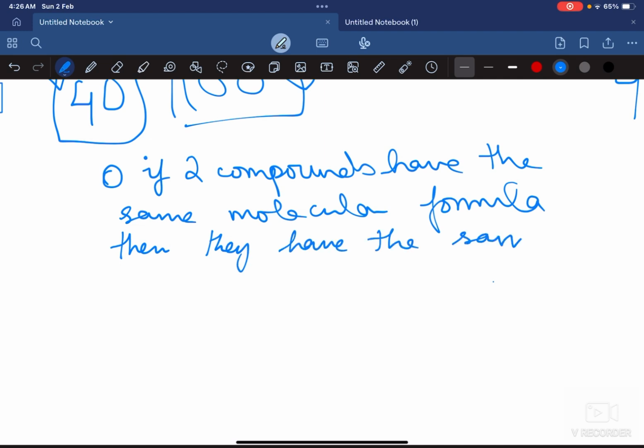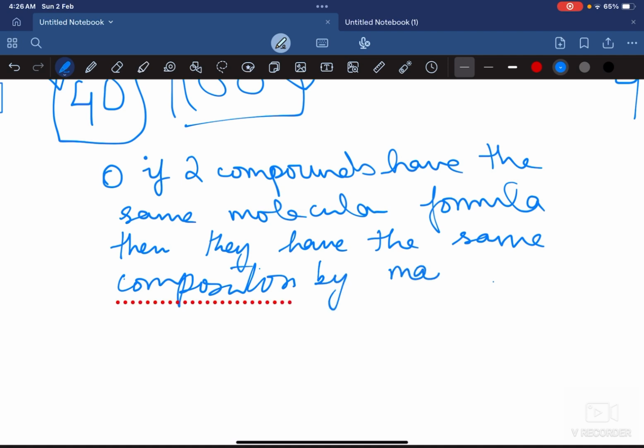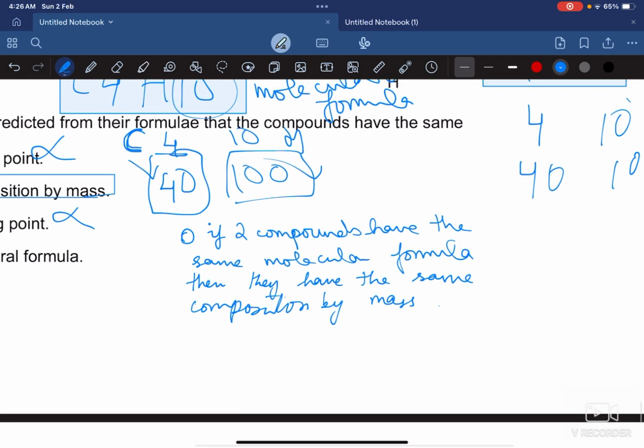This concept is very important. Why? Because if they have the same molecular formula, then what will happen? This means that the number of atoms in both is the same.